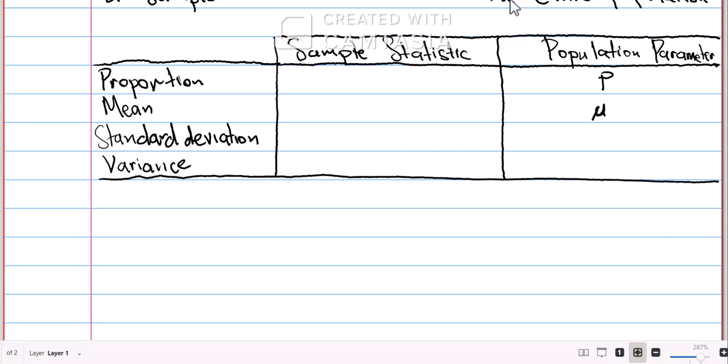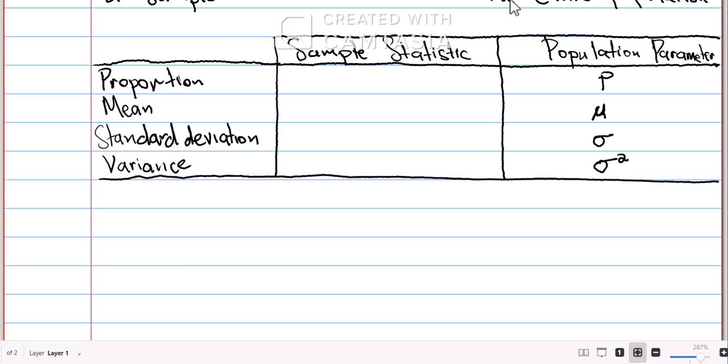The standard deviation will be sigma, and the variance will be sigma squared. So these are the symbols we use to measure these parameters.